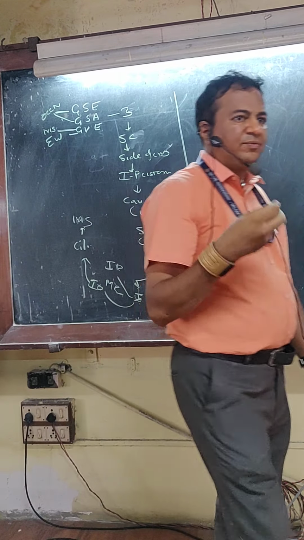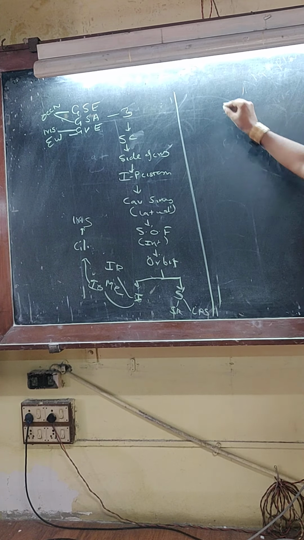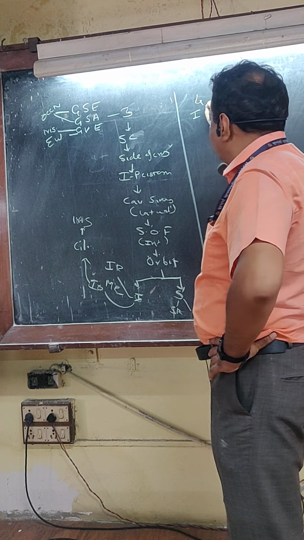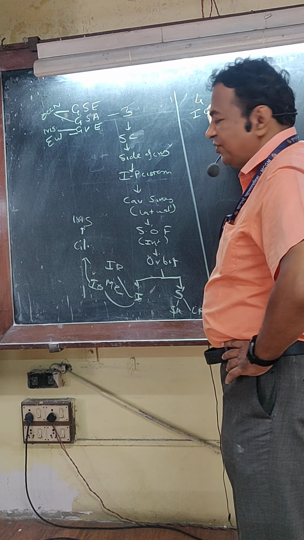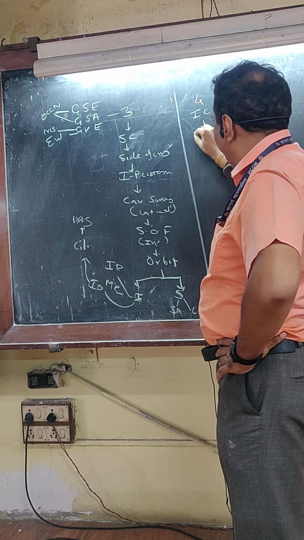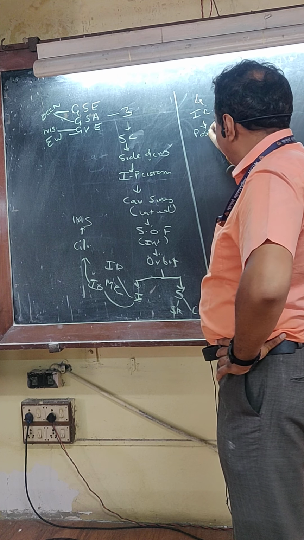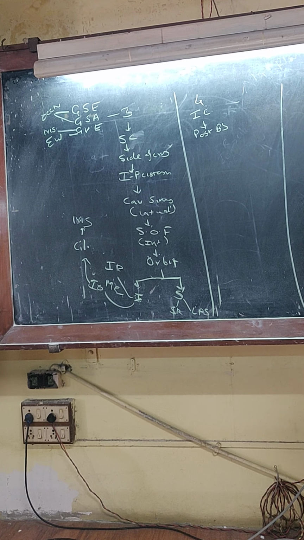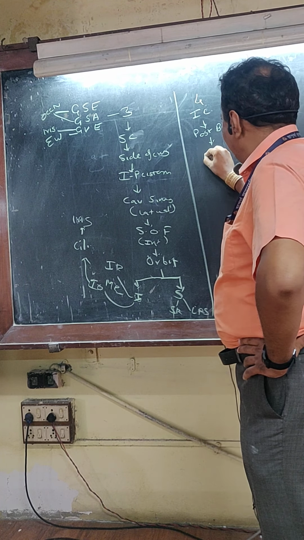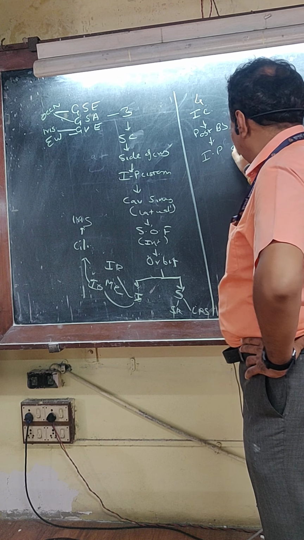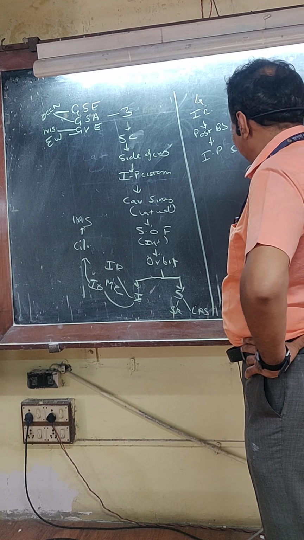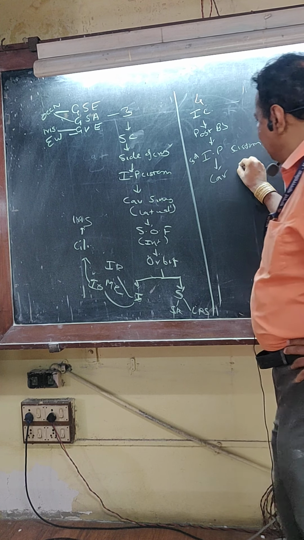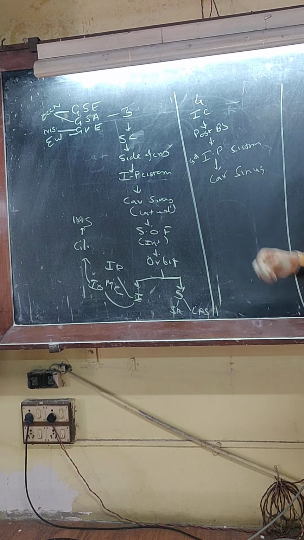Clear? Third done. Now we talk about the fourth nerve. Inferior colliculus, trochlear nucleus. It came out from the posterior part of the brain stem, right? Then it went by the side of the interpeduncular fossa. Then it goes to the cavernous sinus.